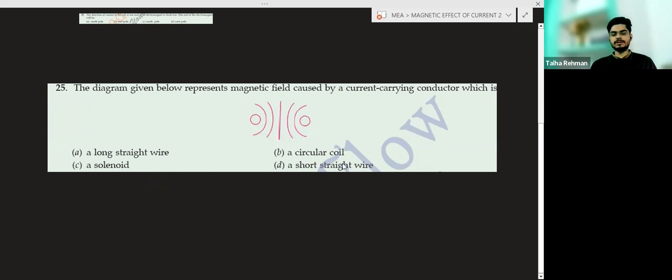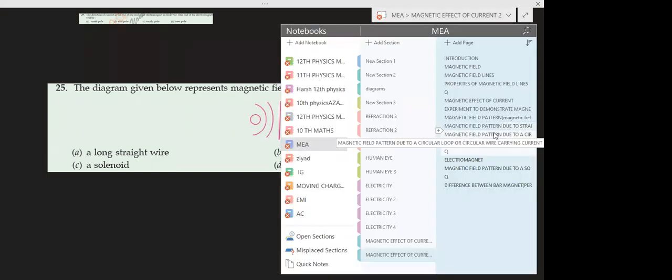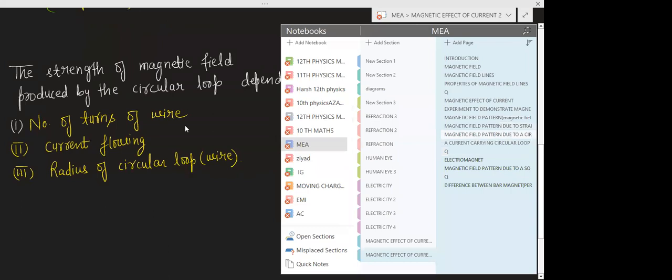Can anyone tell me the answer? These are the magnetic field lines due to... Not solenoid. You can see I am showing.